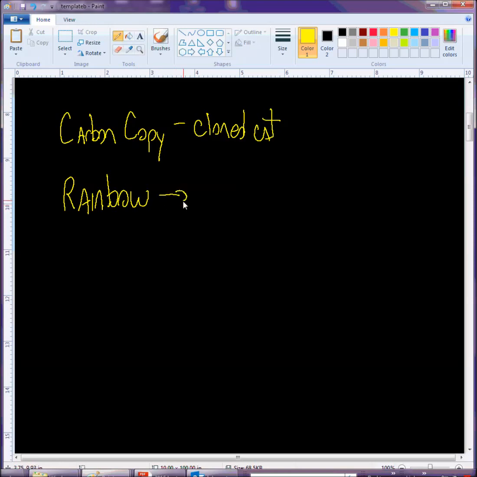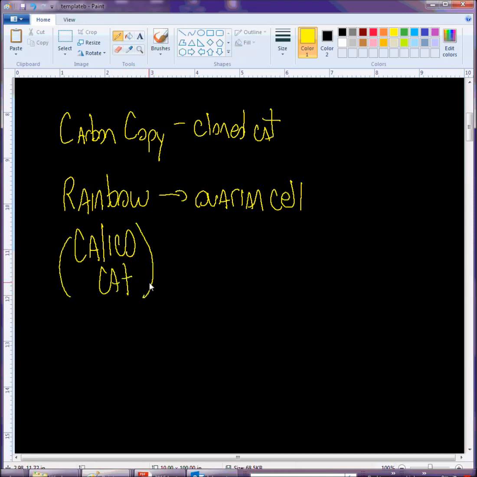So the cloned cat was created from the ovarian cell, and Rainbow is a calico, so patches of white, black, and red.